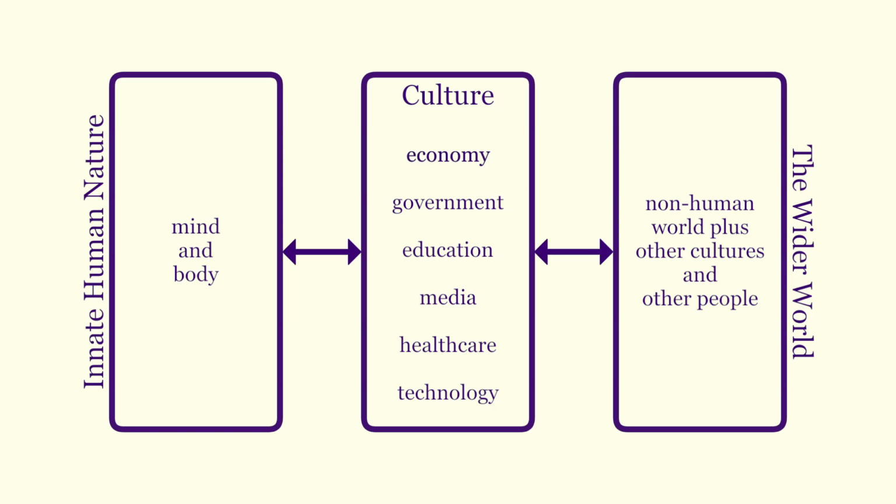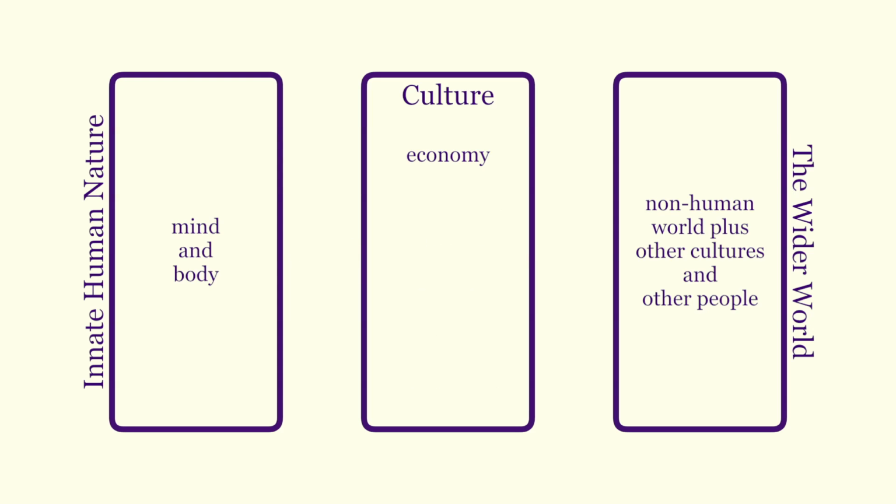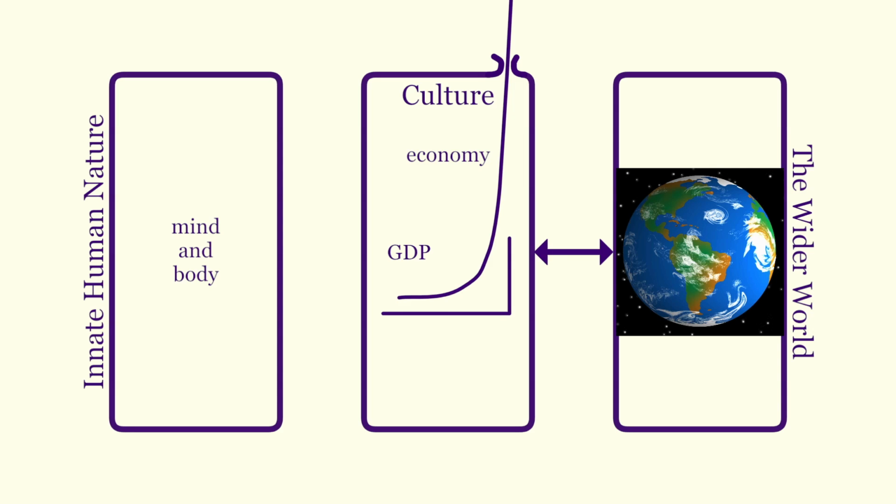For example, our current economic system assumes that unending economic growth is both possible and necessary. Nothing internal to economics or even internal to today's culture throws any light on the validity of that assumption. It is only when we look out to the wider physical world that it becomes clear that sooner or later the economy will run into the physical limits of a finite planet.